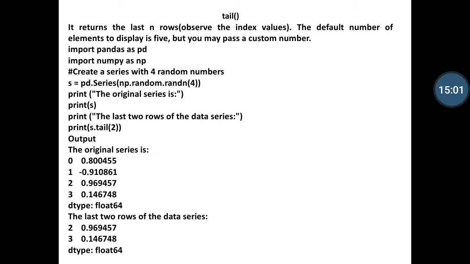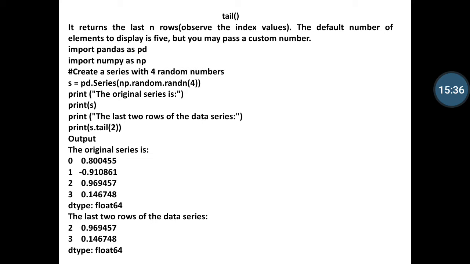First of all, you import the libraries, then create the series using a variable s, and then print the original series. It prints the total number of elements, and then print a label for the last two rows of the data series, and then write the main code of the tail method using the print option s.tail and put 2 as the argument. It returns the last two values of your data structure.